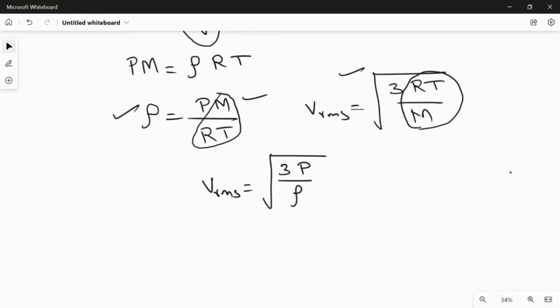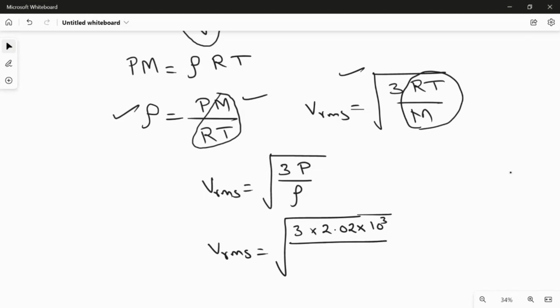Now I'm going to substitute the values for getting the answer for vrms. Therefore vrms is equal to the square root of 3 multiplied by the pressure, which we already converted in terms of Pascal and which takes the value of 2.02 multiplied by 10 power 3, over the density, which we already converted in terms of kilogram per meter cube, 0.0124.